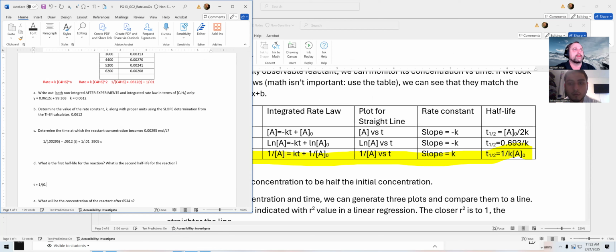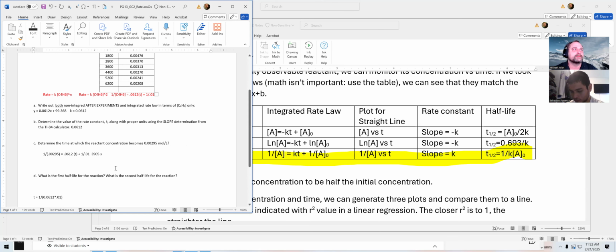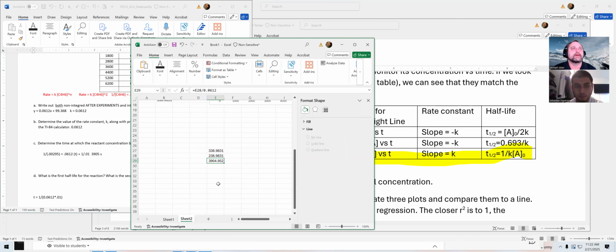So 0.0612 times my initial, which was 0.01. And I'm taking that from this time here. And so I'll go ahead and stick that into Excel real fast, get the info for it.